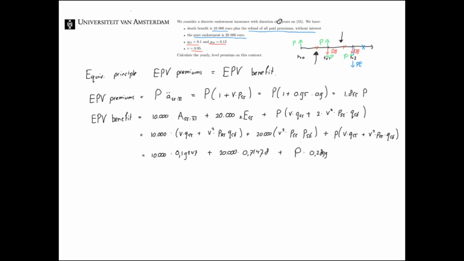All right, and then solving for P, so we equate the two equations using this equivalence principle, which gives us that P is equal to 10,364 euros, which is the yearly level premium, and solves the exercise.